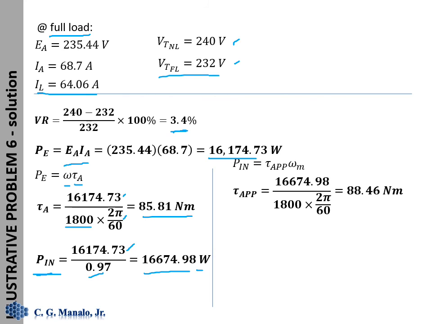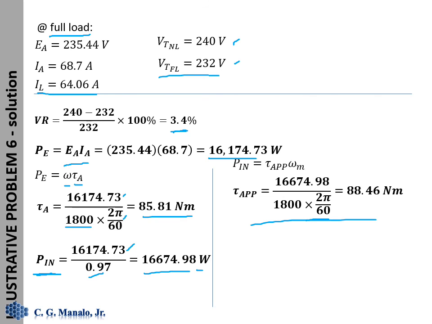And since we already have the shaft power, the mechanical power, we could get the torque applied on the shaft. This is different from the torque induced by the armature, but they are related by the losses between the prime mover and the generator.